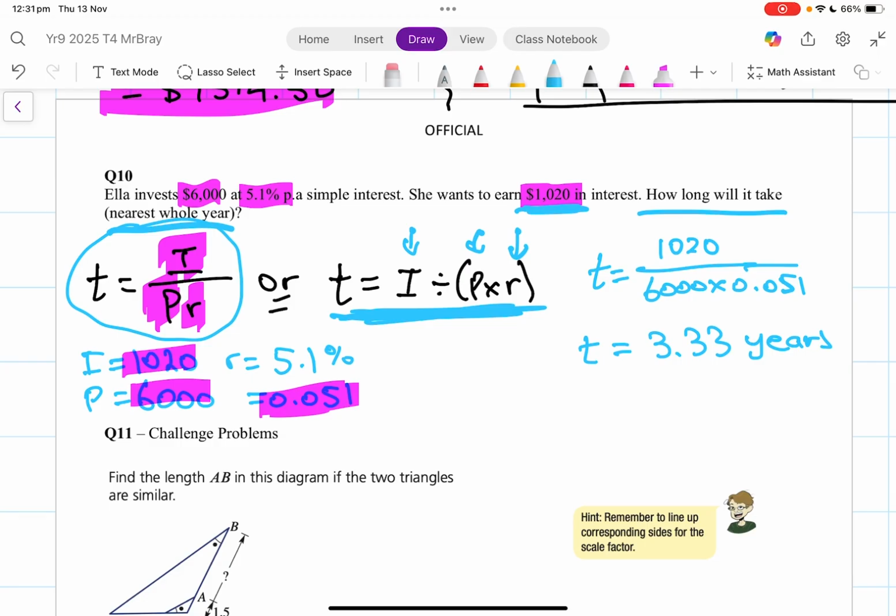Well, the answer is no. If we need 3.33 years to make that much, then after 1 year, 2 years, 3 years, we still haven't made that amount of money. So we end up actually rounding it up to 4 years. Because after 3 years, we wouldn't have enough, but after 4 years, we've got too much money. And with money, we'd always rather have too much than not enough. So our answer is 4 years.